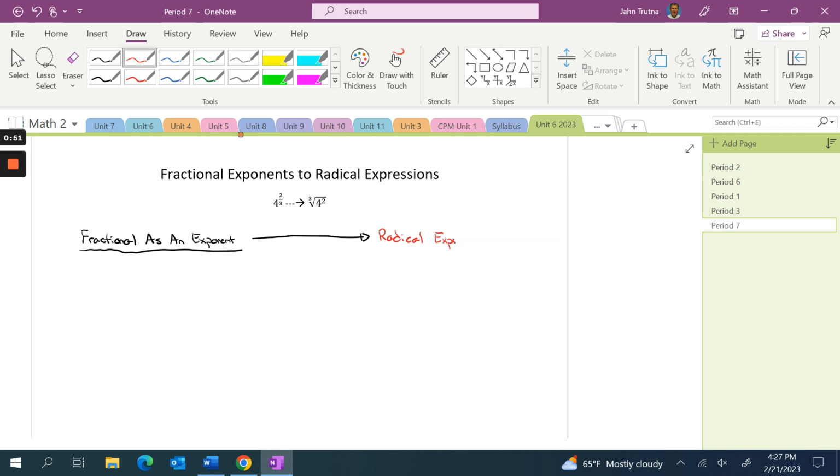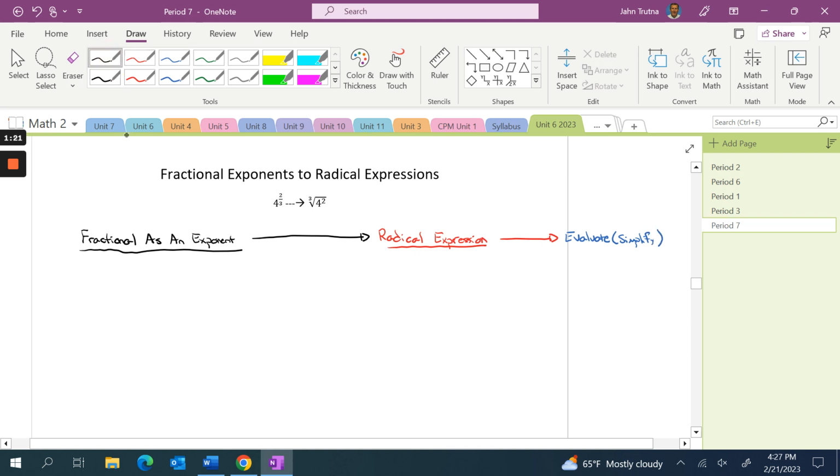And then, after we change it into the radical expression, thirdly, we are going to evaluate the expression. Sometimes you'll see the word simplify to do it, okay?